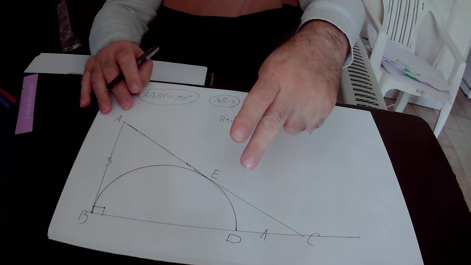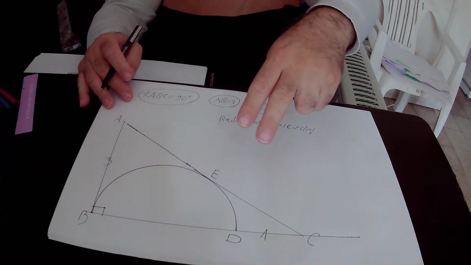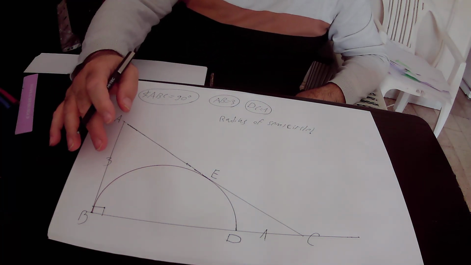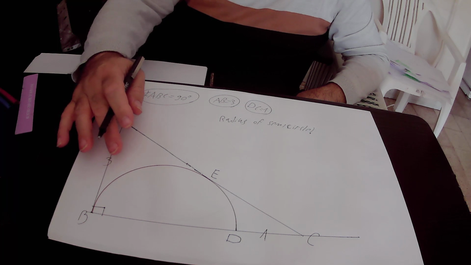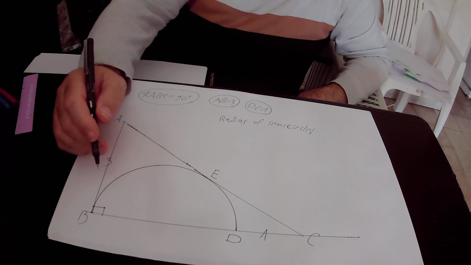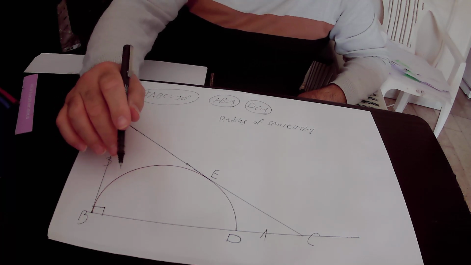This semicircle is inscribed by triangle ABC, and we also know that side AB is tangent to this semicircle at point B, and we want to find out the radius of this semicircle.